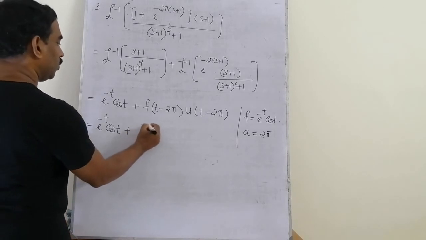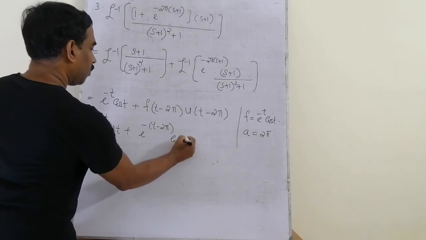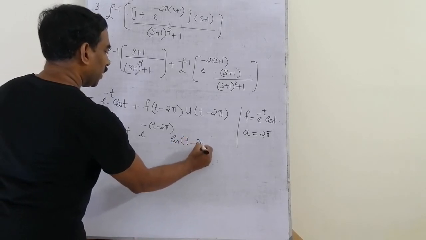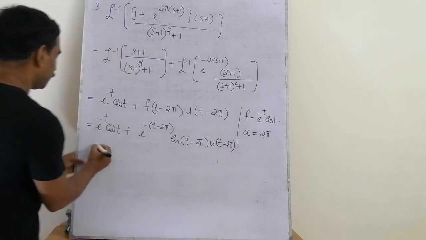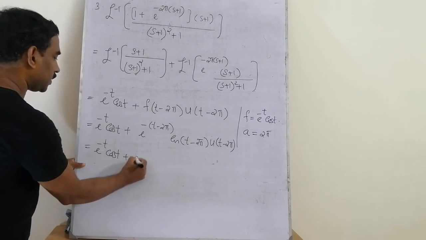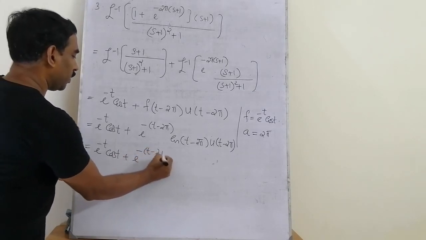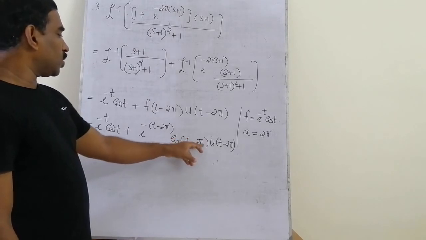That is e raised to minus (t minus 2 pi) into cos (t minus 2 pi) into u(t minus 2 pi), equal to e raised to minus t cos t plus e raised to minus (t minus 2 pi) into cos (t minus 2 pi).